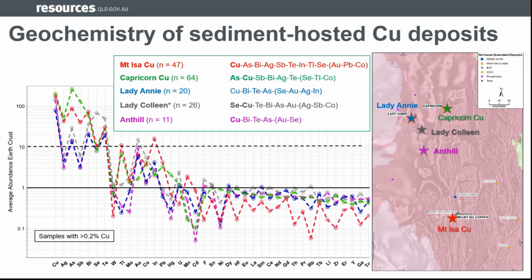There is some diversity of signatures between Mount Isa copper and Capricorn copper and the Lady Annie, Lady Loretta, and Hilton groups. But as far as I'm concerned, geochemically these are variations of the same thing. And it's really remarkable how similar the signatures of reasonably far away deposits are, Lady Annie, Lady Loretta group, and Hilton, they are all but identical with a few exceptions.